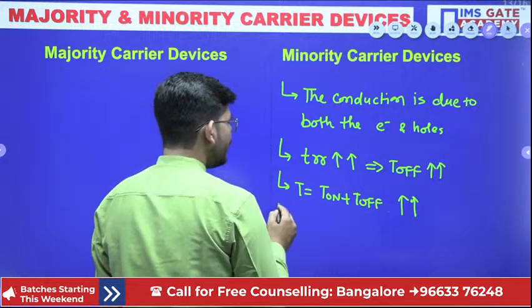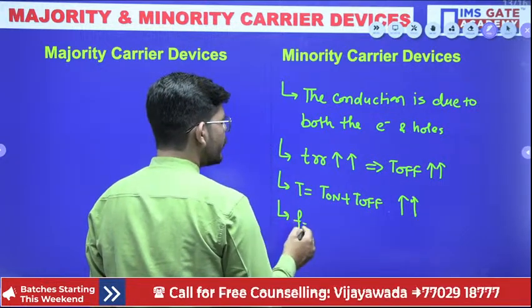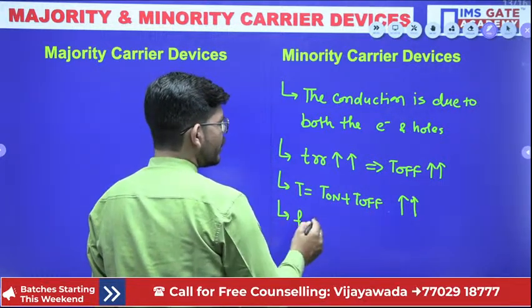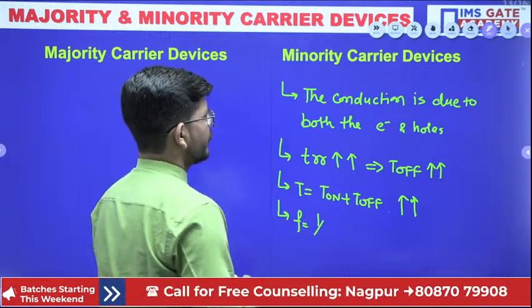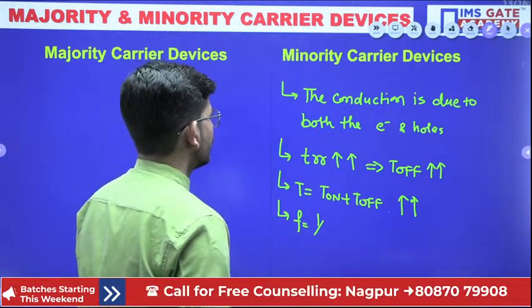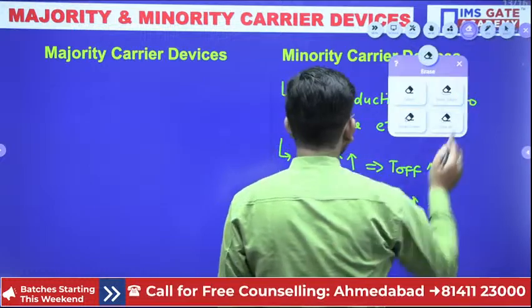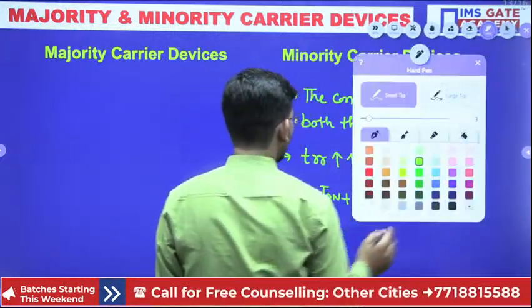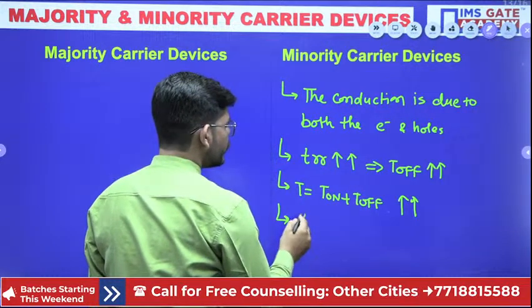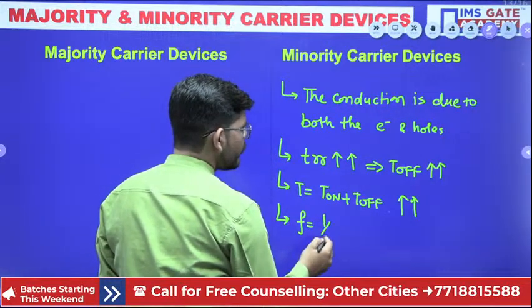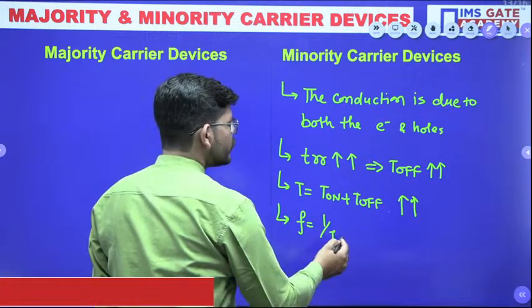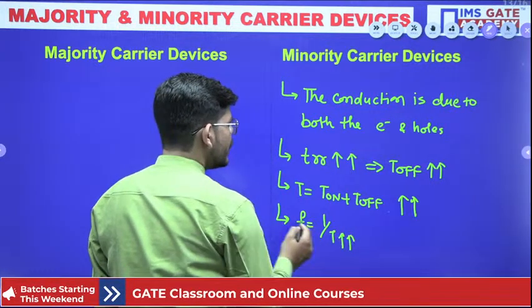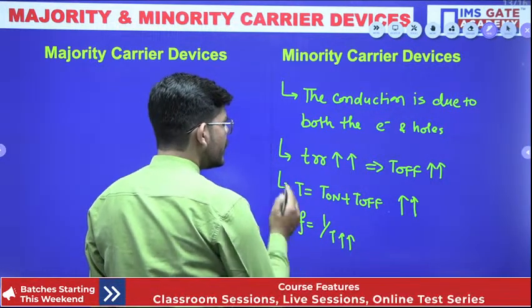So if the time is more, then what happens to the switching frequency? Their reverse recovery will need a lot of time, and if the time is more, what will happen to their switching frequency? So switching frequency, which is 1 over T, if the time is very, very high, the switching frequency will be very, very low.